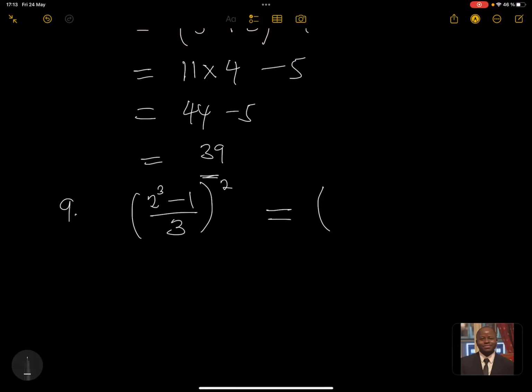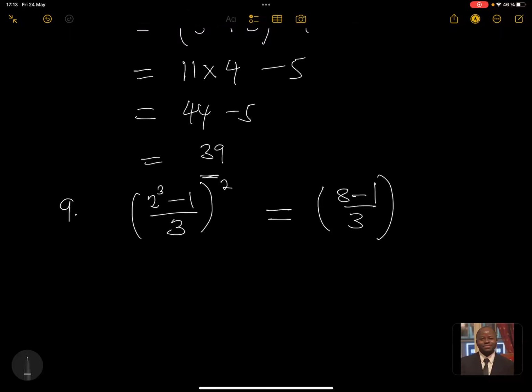If you look at this numerator, according to PEMDAS, you deal with exponent. So the exponent here is 2 to the power 3, 2 times 2 times 2, minus 1 divided by 3.